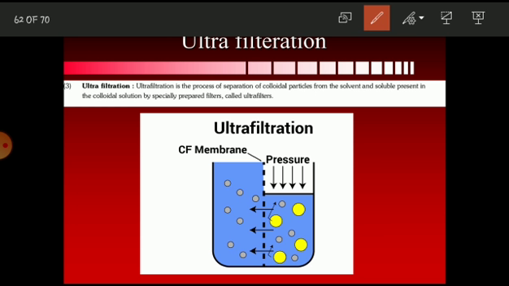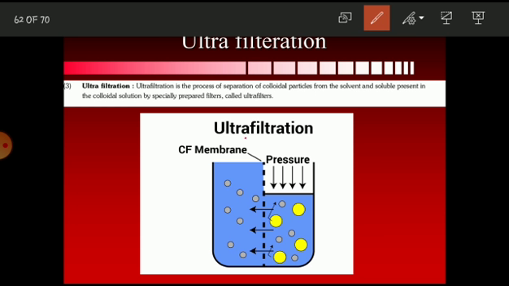Therefore this process is called ultrafiltration. It is the process of separating colloidal particles from the solvent and soluble substances present in the colloidal solution, using specially prepared filters called ultrafilters.